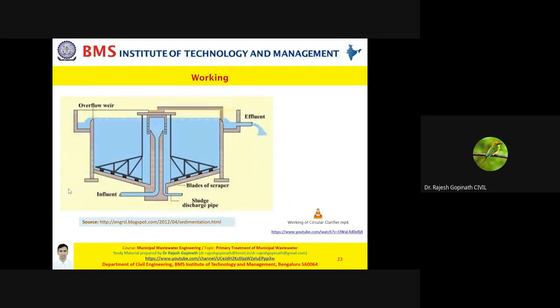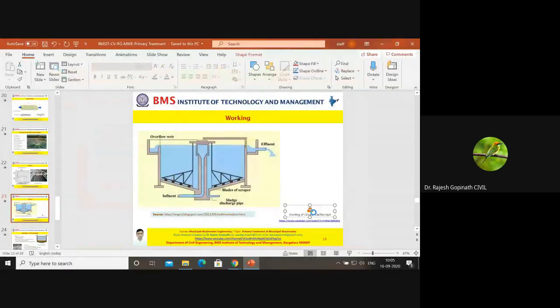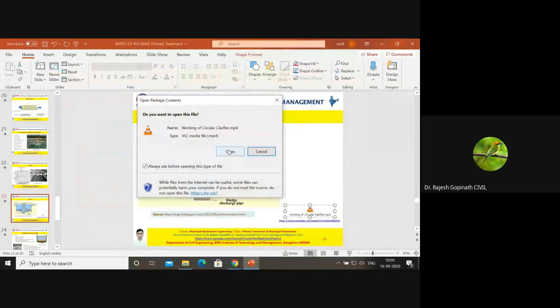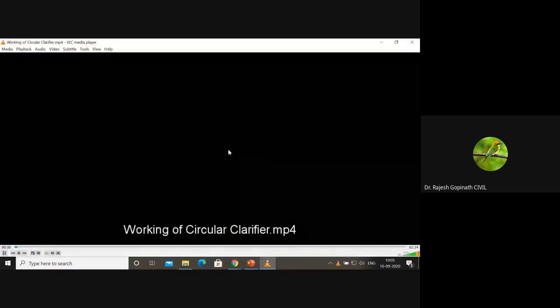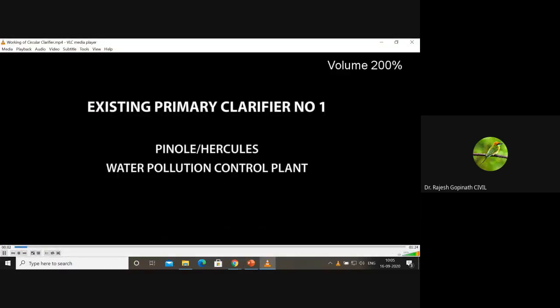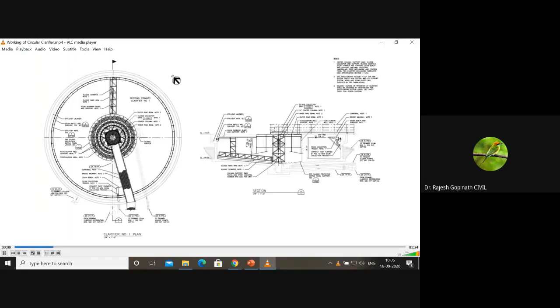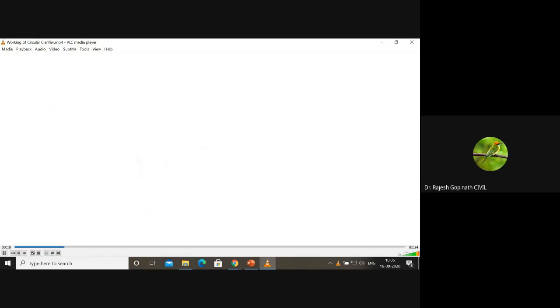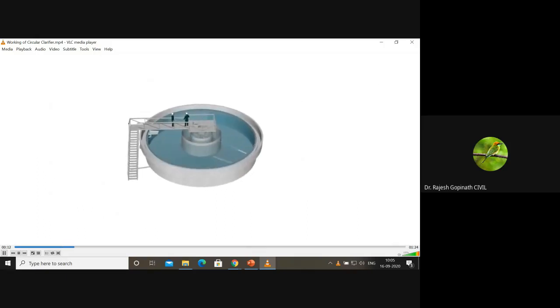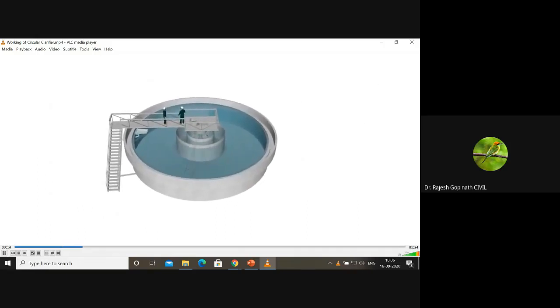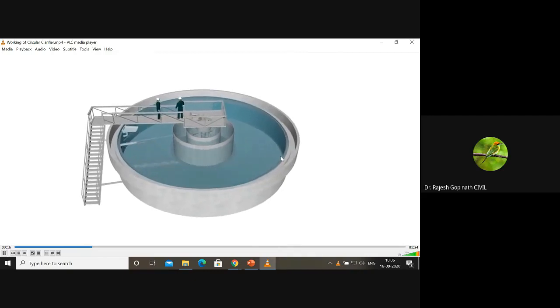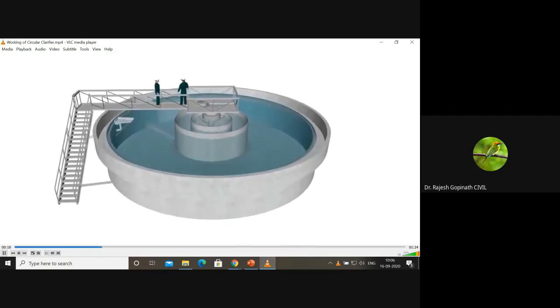Now let's look at a small video to understand how a circular clarifier works. This is a video I've taken from YouTube. This is a plan and cross-sectional view. So you can see how a circular sedimentation tank looks like.